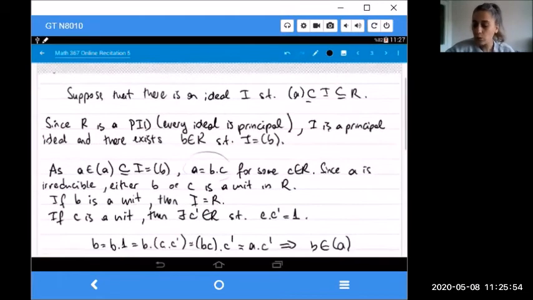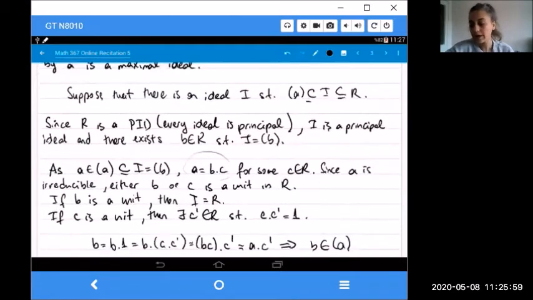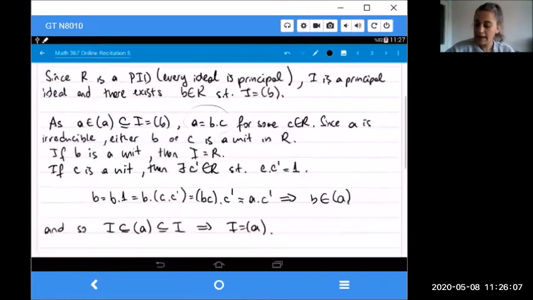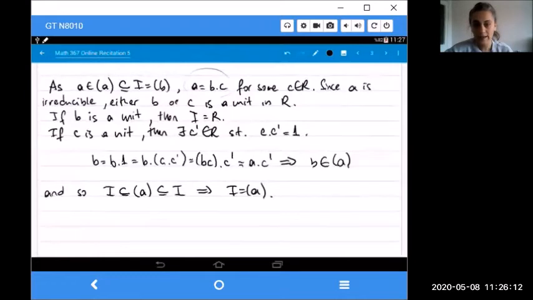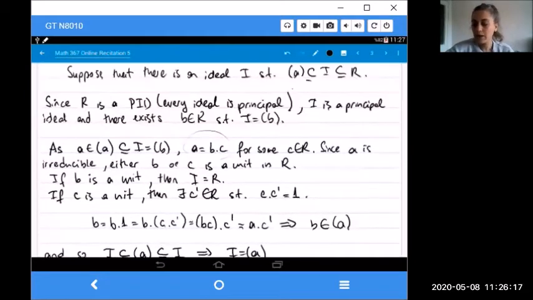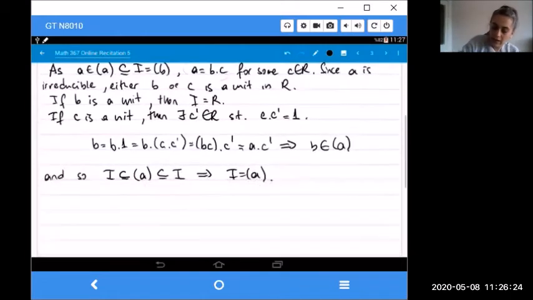We started with an ideal between the ideal generated by A and the whole ring R. If B is a unit, I is equal to the whole ring R. In the other case, C being a unit, I has to be equal to the ideal generated by A. This means that there is no intermediate ideal between the ideal generated by A, which is an irreducible element, and the whole ring R. So the ideal generated by A is maximal.